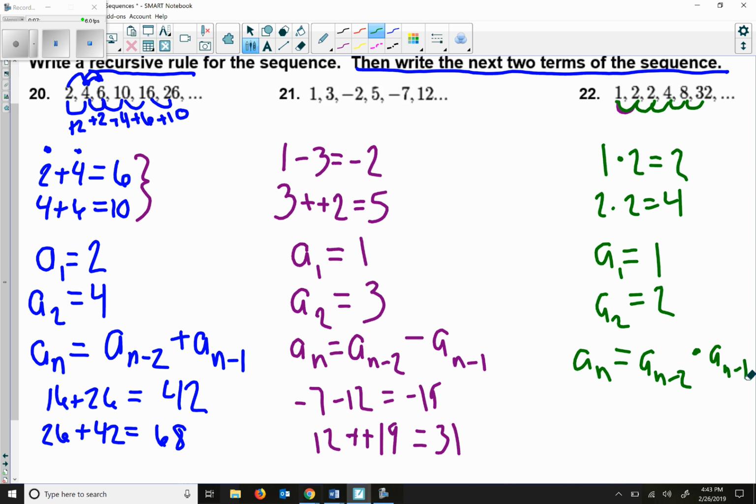And then the next 2 terms: you're taking 8 times 32, so the next term will be 256, and then 32 times 256 gives you 8,192. And I am done.